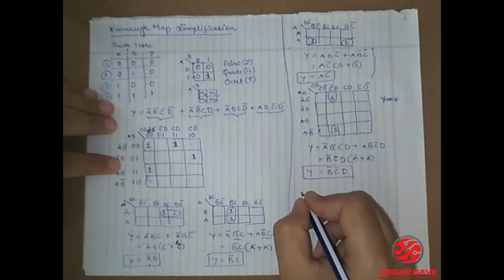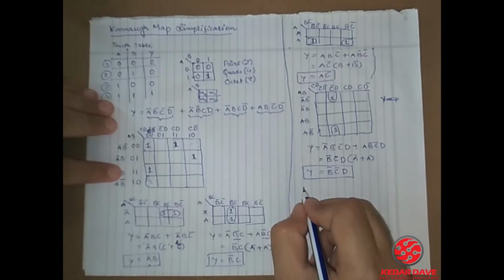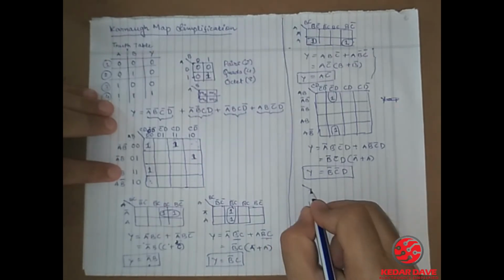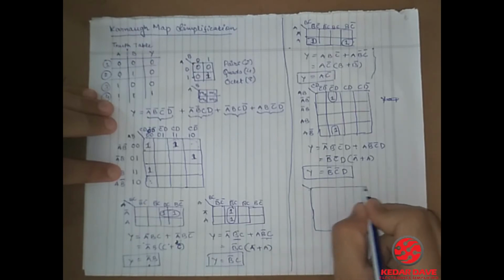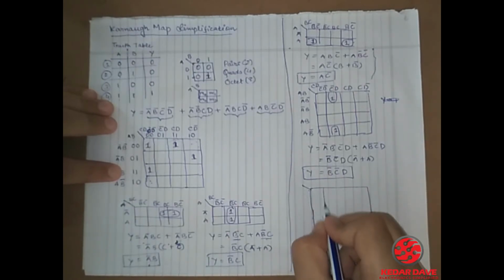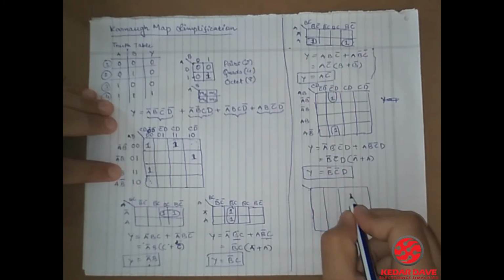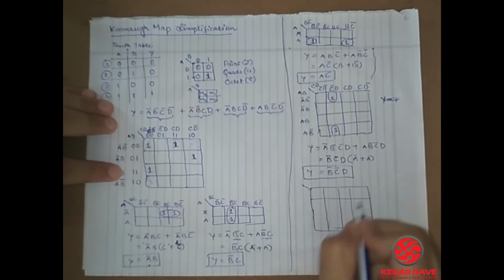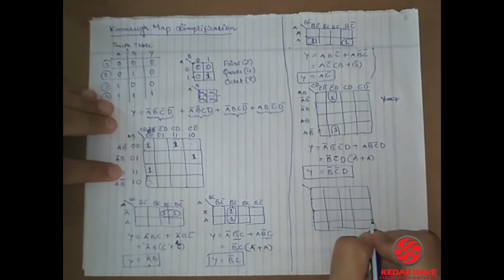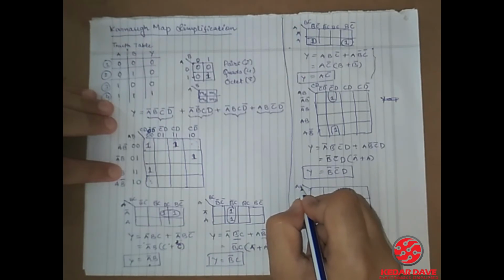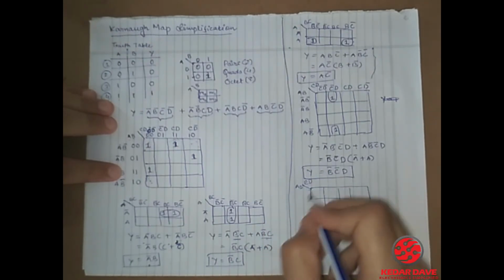One more thing, the adjacent pairs can be formed this way also. Just understand this and assume the rest of the variables that we wrote in the previous methods, right? So this one is AB and CD.